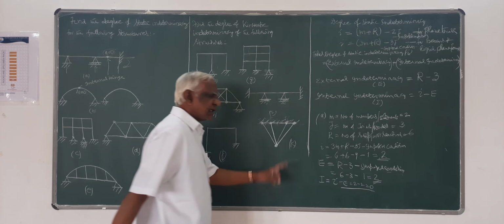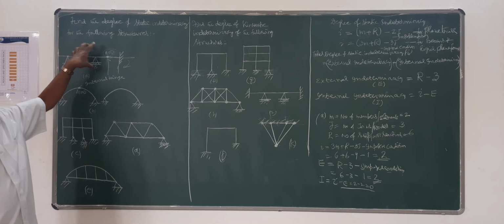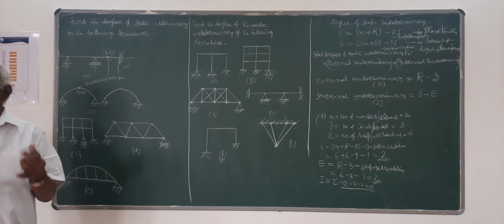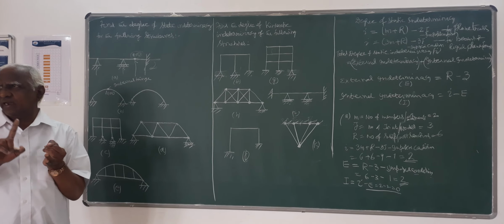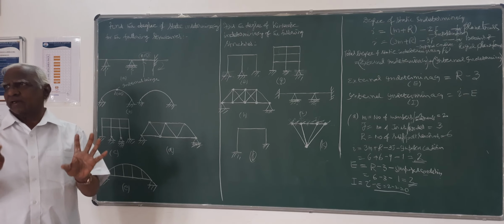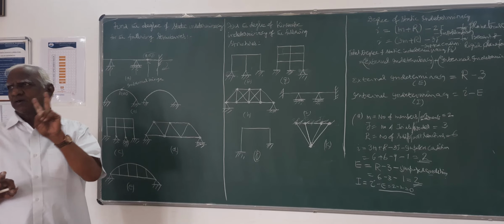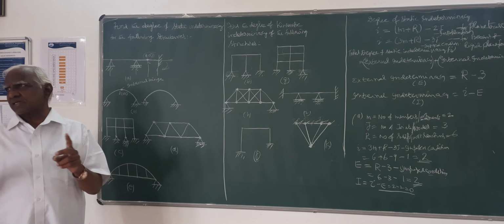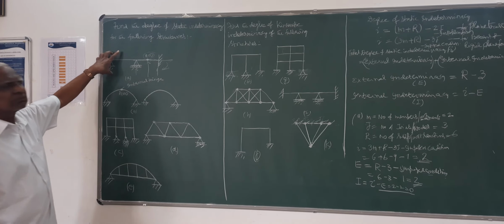That means it is internally determinate. So this structure is internally determinate, externally indeterminate to the degree 2, and altogether it is indeterminate to the degree 2. That is external plus internal. That is what we are doing.